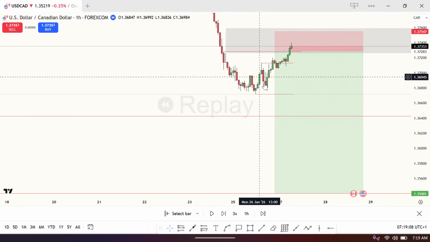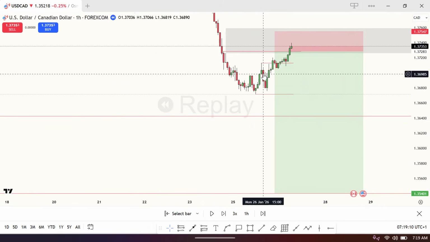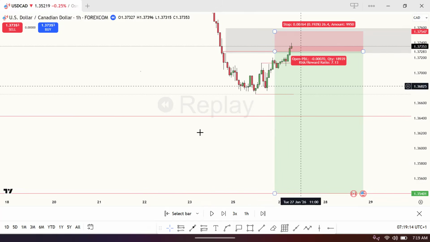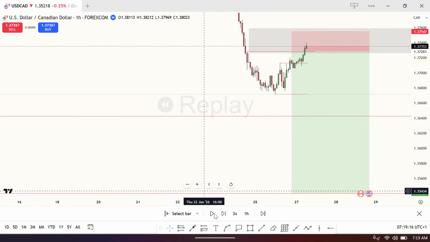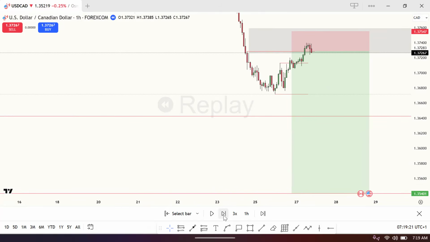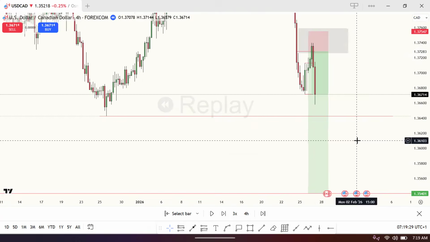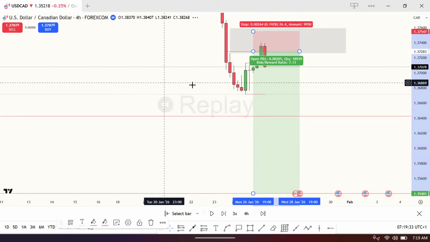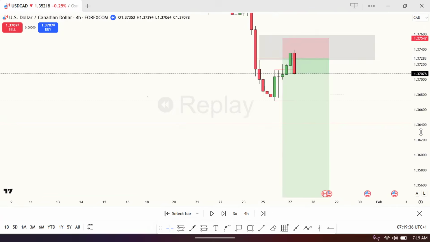We already identified the subcycle on the 4-hour time frame. BSL has been swept. Now we can expect a reversal from here. So for my entry in my public community, I entered on the 4-hour time frame. Price formed, so just before this, I was waiting for a bearish candle close.